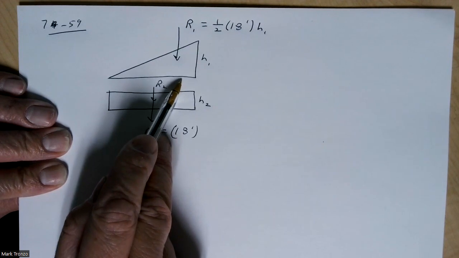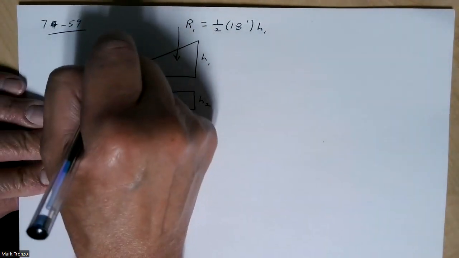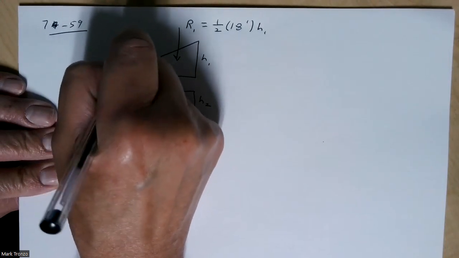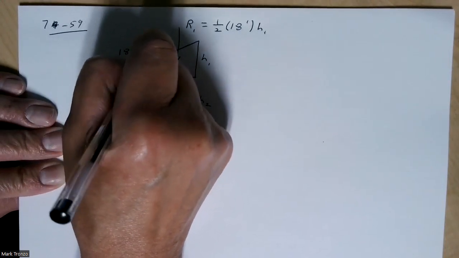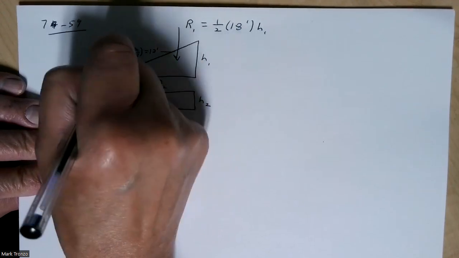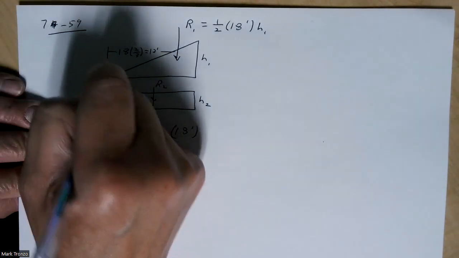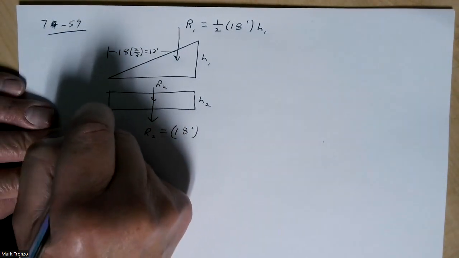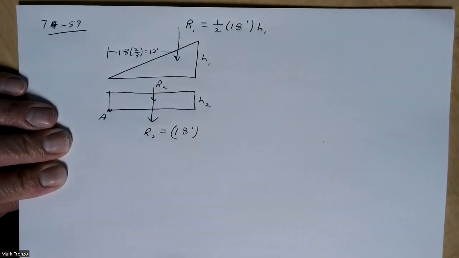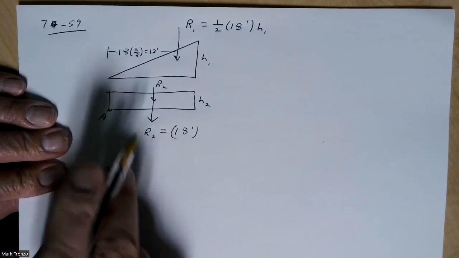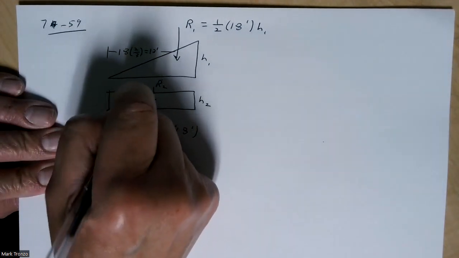So that's going to be 2/3 of 18, which at least on mine is going to be 12 feet from this point over here. This end here was A. And then, of course, for a rectangle, it's always going to be in the center. So this is going to be 9 feet.